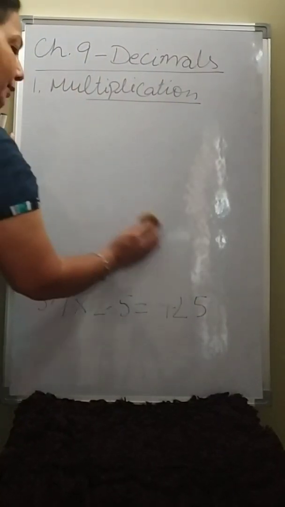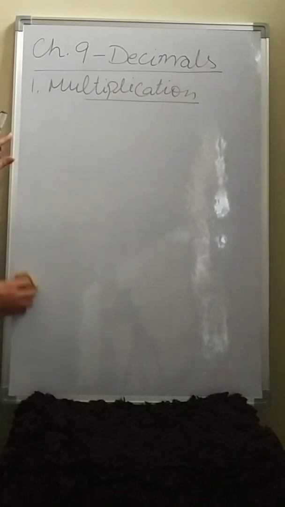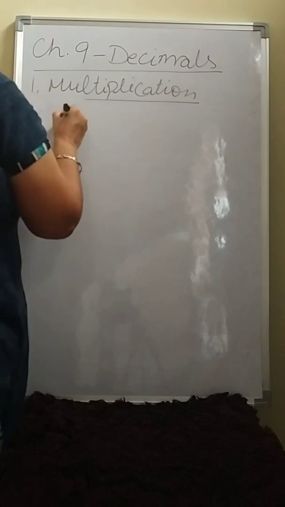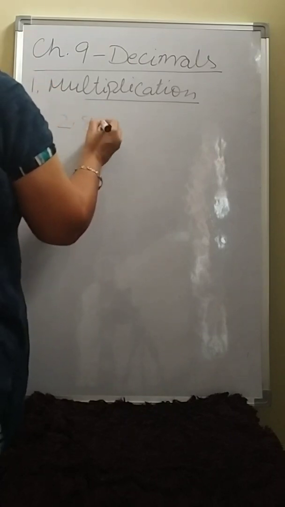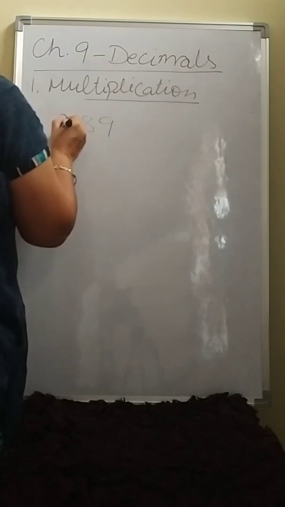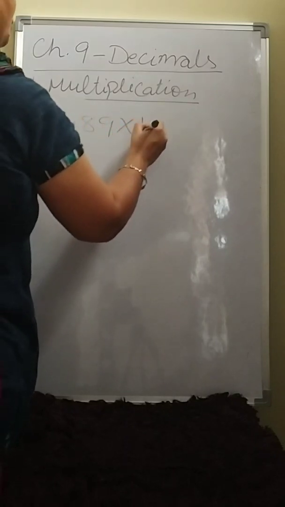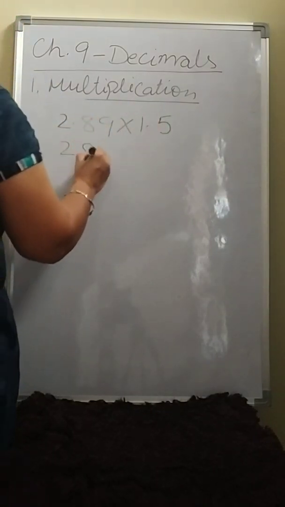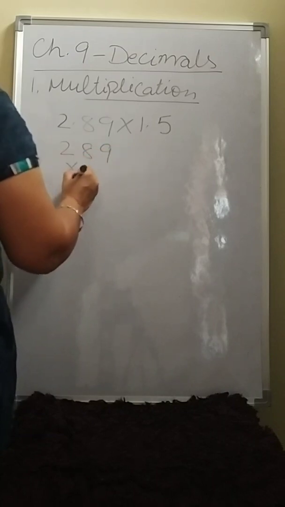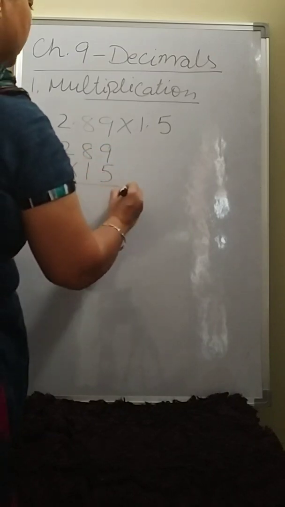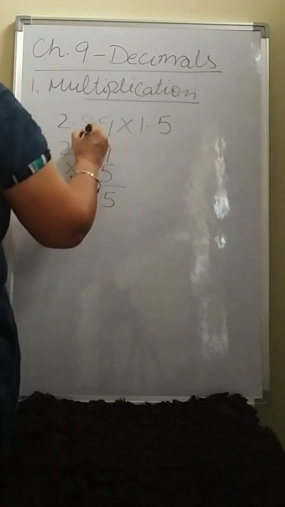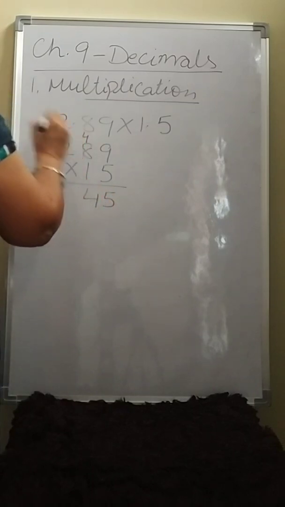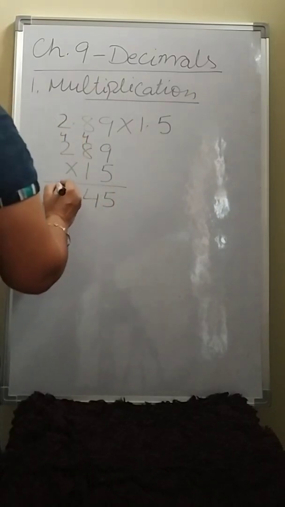We take one more example. Suppose we have to multiply 2.89 into 1.5. We will simply multiply the numbers first: 289 into 15. 5 9s are 45, 5 is here, 4 is here. 5 8s are 40 and 4 is 44, 4 is here, 4 is here. 5 2s are 10 and 4 is 14.